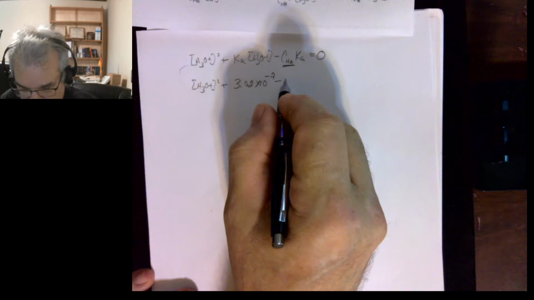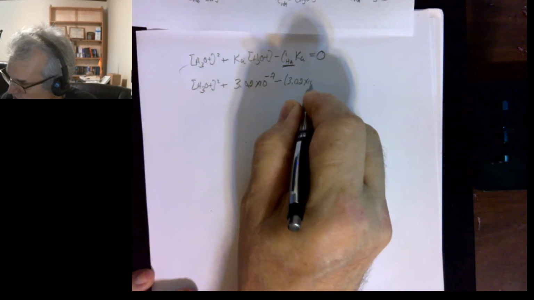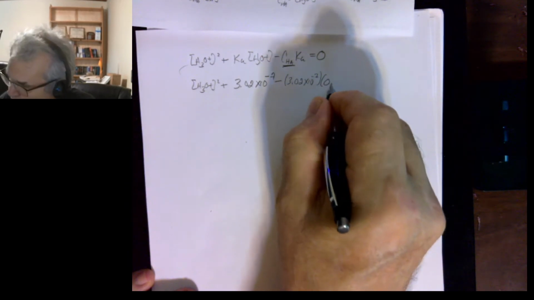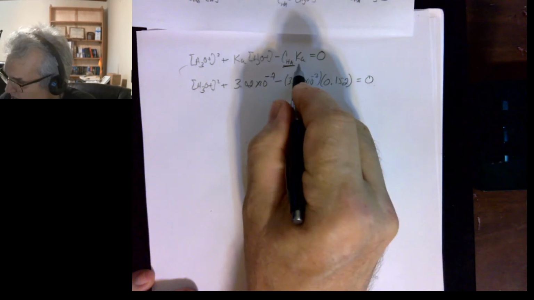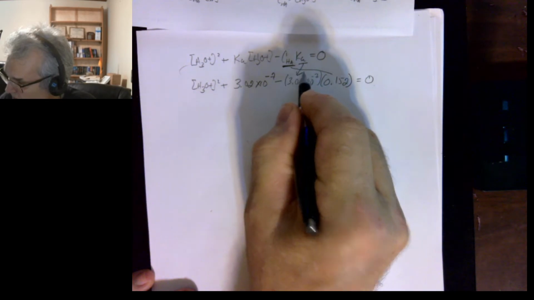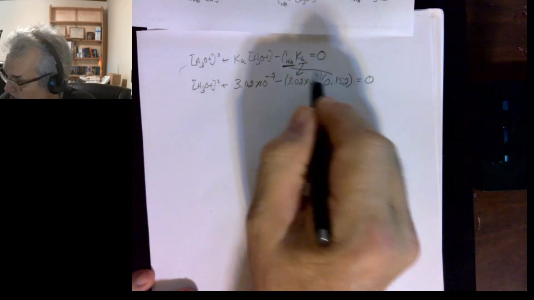Minus, and that's the CHA times Ka, that's the 3.02 times 10 to the negative 7 times my 0.152 molar equals 0. Remember, CHA is this 0.152, Ka is the 3.02. So I've got the analytical concentration in here, and Ka.